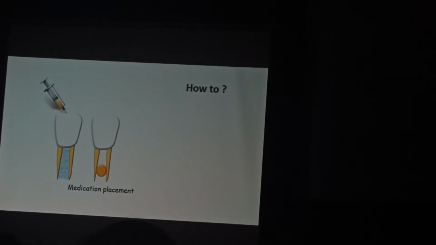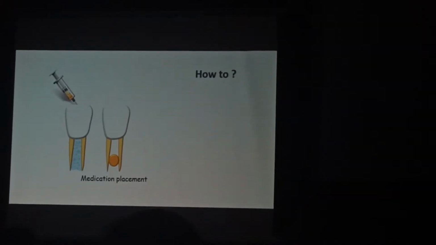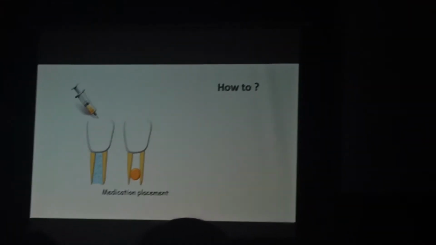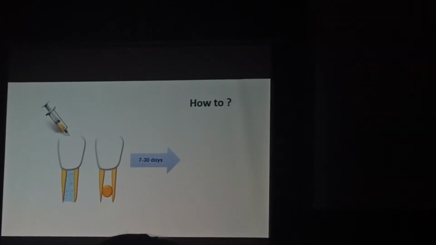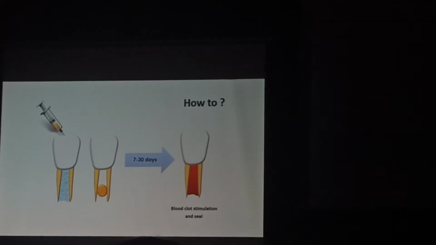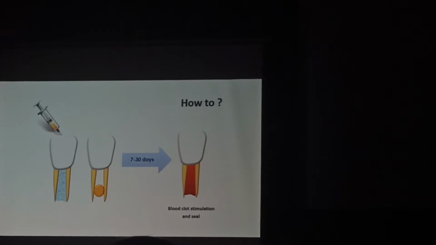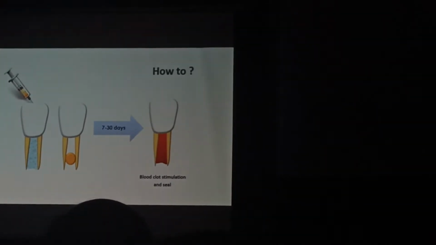After irrigation, we put the medication inside to clean, and after that, wait for a period of time. And the second time that we see the patient, we're going to generate the bleeding inside the tooth.